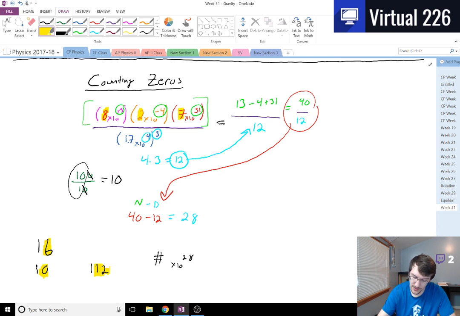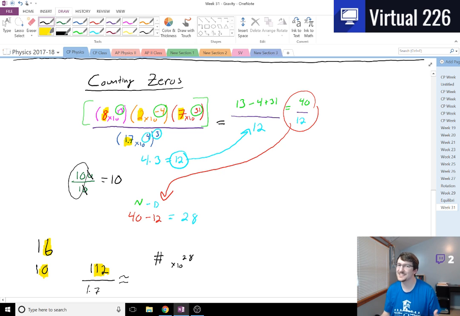But this 112 is then divided by 1.7, which is almost about 2. I'm not exactly sure what 112 divided by 1.7 is, but my hunch is that when I divide them, I'm going to get something around the 60, 70 mark. And that value only has one extra zero.